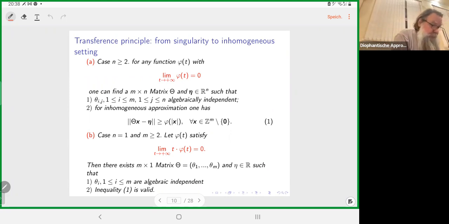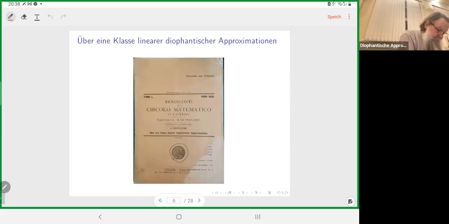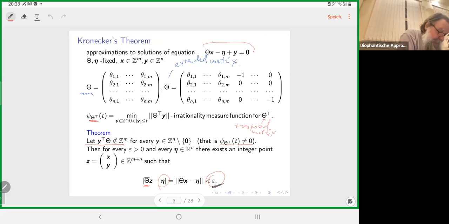So due to the existence of singular matrices, we can say that we cannot improve this epsilon in the general case.